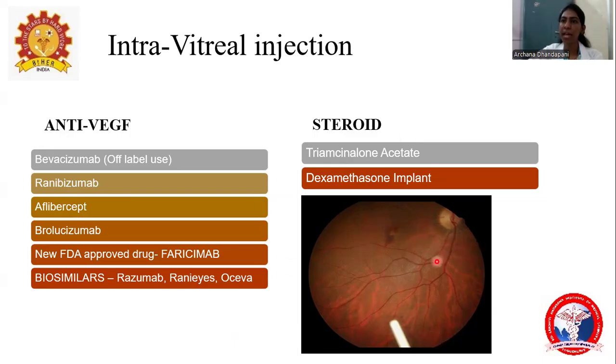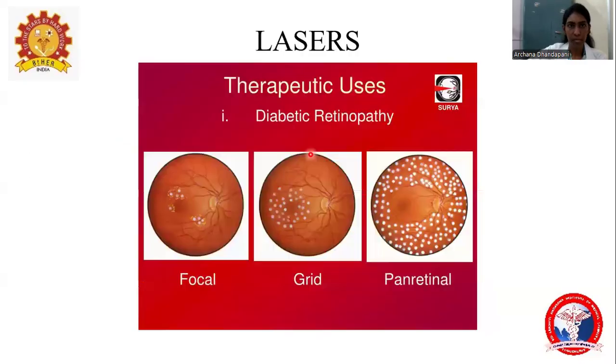Usually, it has a side effect of cataract formation, so it is mostly preferred in pseudophakic eyes. The first drug that we use is the anti-VEGF. Eventually, if it is not resolving with anti-VEGF, there is a refractory macular edema, we can give a trial of steroid, or even we can give a combination of anti-VEGF and steroid at the same sitting.